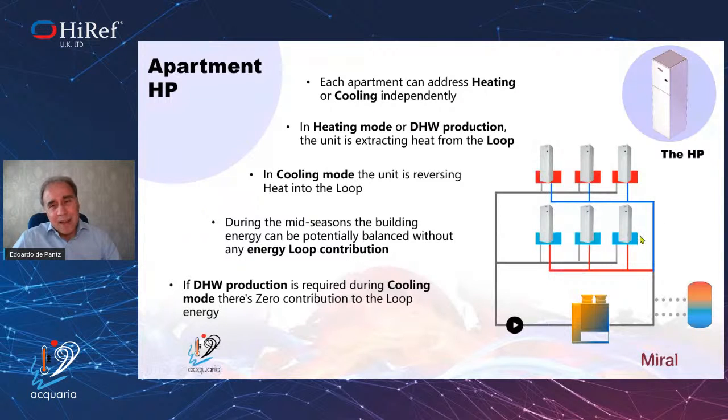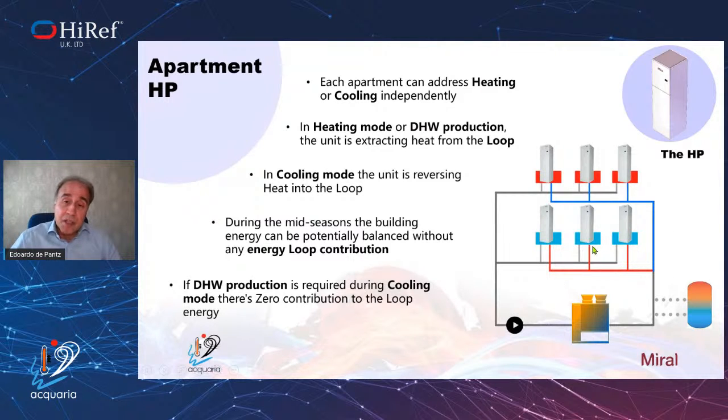But there are also two more interesting areas, especially during the summer season, where there is a great benefit in this structure. For example, if during the summer some units are working in cooling and other units in the building are working in domestic hot water production, in that moment these two different settings are balancing, giving zero contribution to the loop.